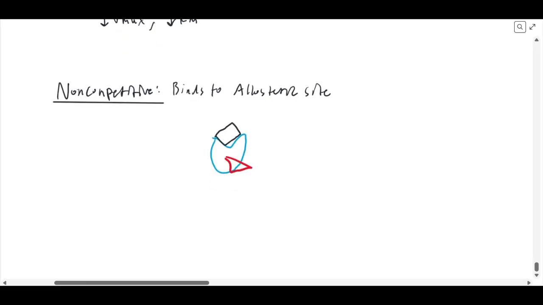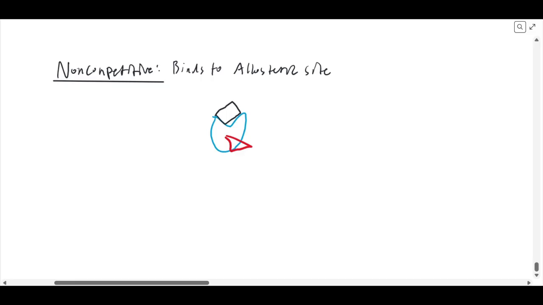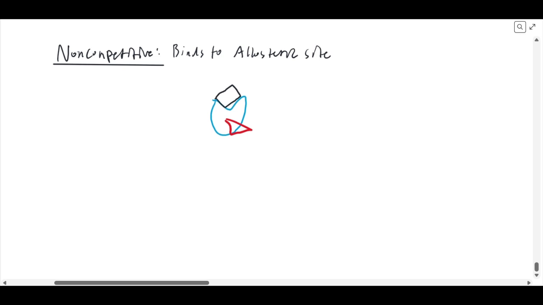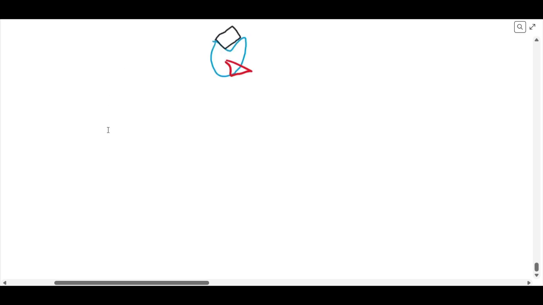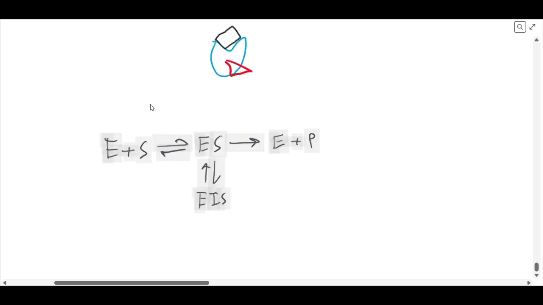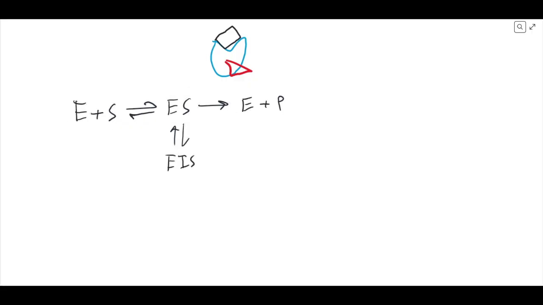And this could happen both when the enzyme and substrate are bound together, or when the enzyme is on its own. So therefore, this basically does both. And the only thing that happens here is you just get a decrease in the velocity max.